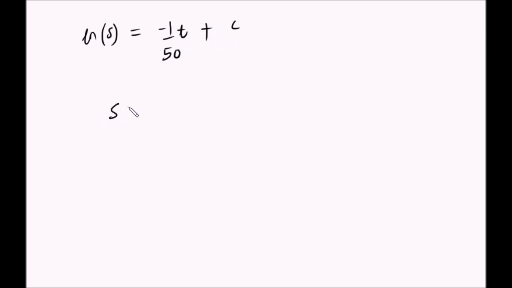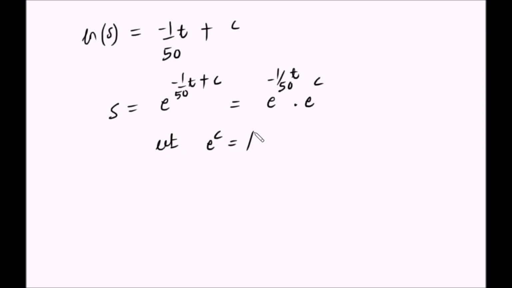So S, remember S is amount of salt, ni sawa na e power negative 1 over 50 t plus C, ambayo ni e power negative 1 over 50 t times e power C. So e power C ni constant, so we can represent it with a single letter. Kwa hiyo the amount of salt is equal to A times e power negative 1 over 50 t.